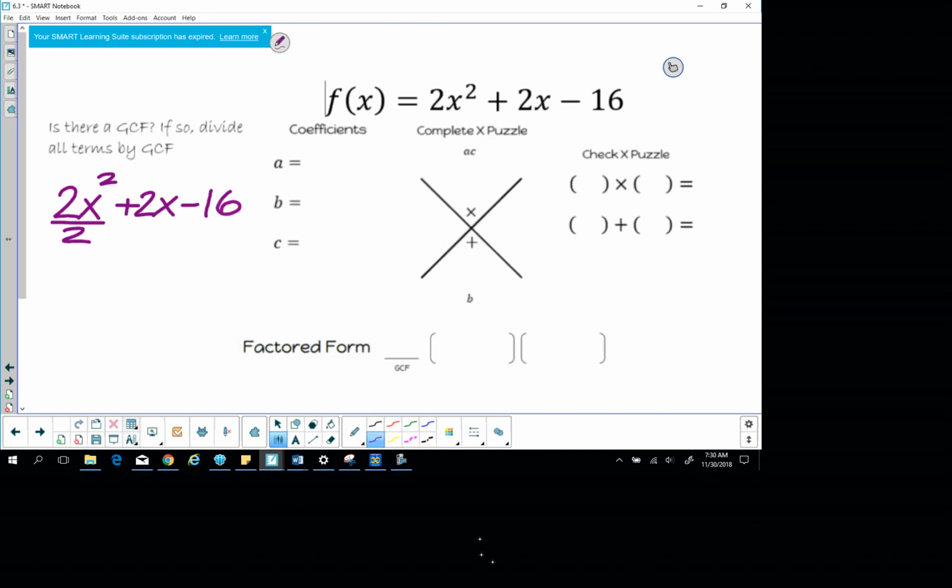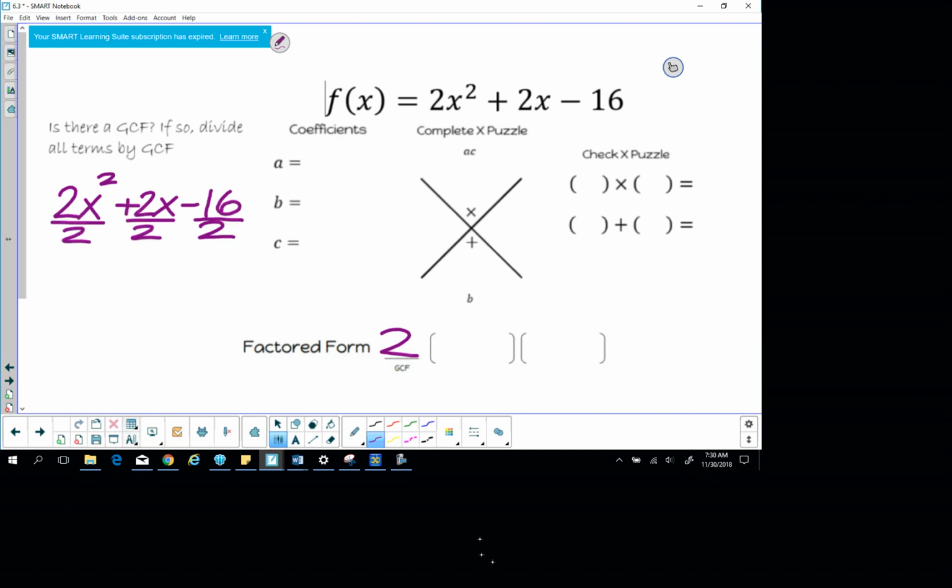So first you need to see, is there a GCF? And then you got to divide each term by that number. And I'm going to put that GCF right here. If you divide by a GCF, it's always going to be in front of the parentheses. I can't do 4 because that's not the GCF.